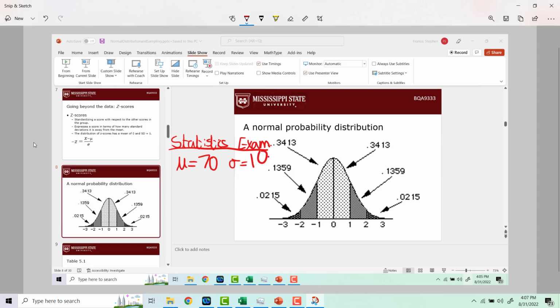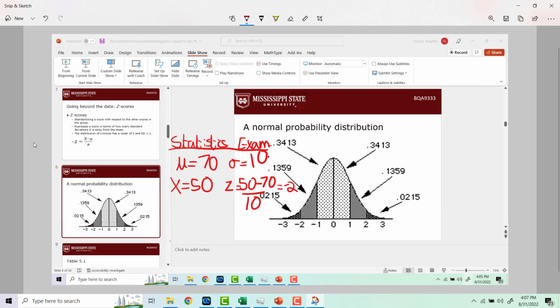So if we say, for example, I scored a 50, so if my x is 50, then my z is going to be x minus mu over 10. So that's going to be -2.